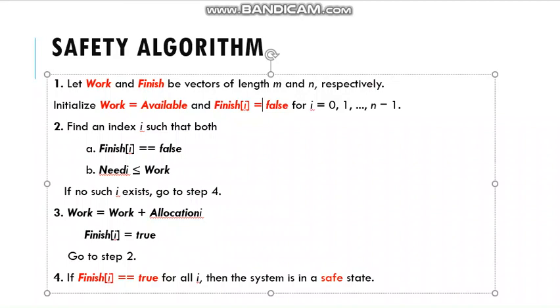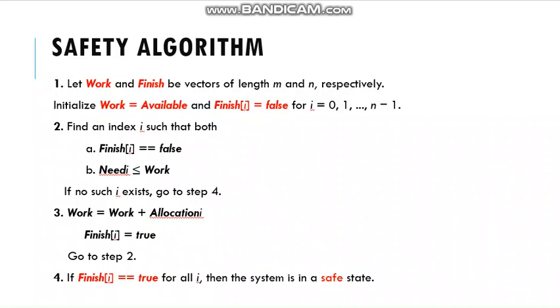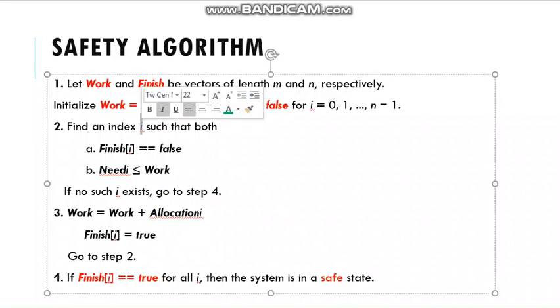Now we take each process one at a time, indexed by i, starting with 0. Since all are initialized with false, if the process has not completed its task, then Finish of i equals false. Means the first process has still not completed its task.